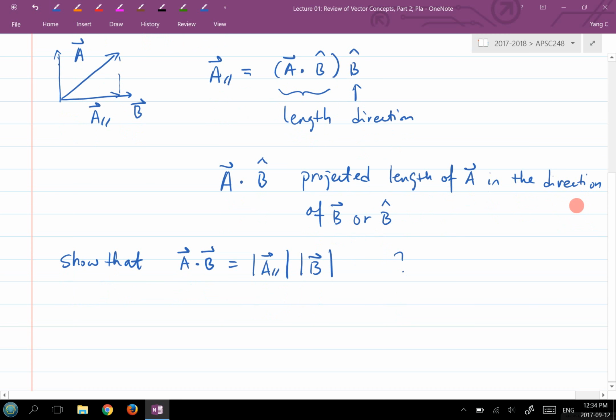If you substitute the quantity A parallel here, you will immediately see that A dot B equals this. So that's what we learned from the previous lecture.